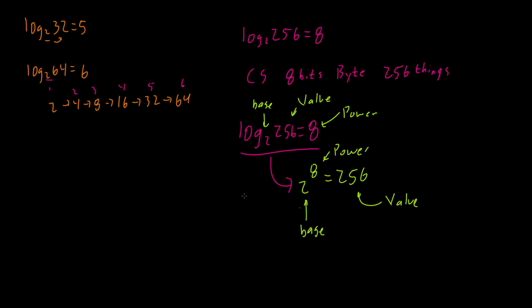So remember, let's do an example where something is tripling. So let's say that we're tripling. If I have a log base 3, that means I'm tripling over and over and over. How many times do I need to triple my initial value of 1 to get to 27? 3 to the what gets me 27?